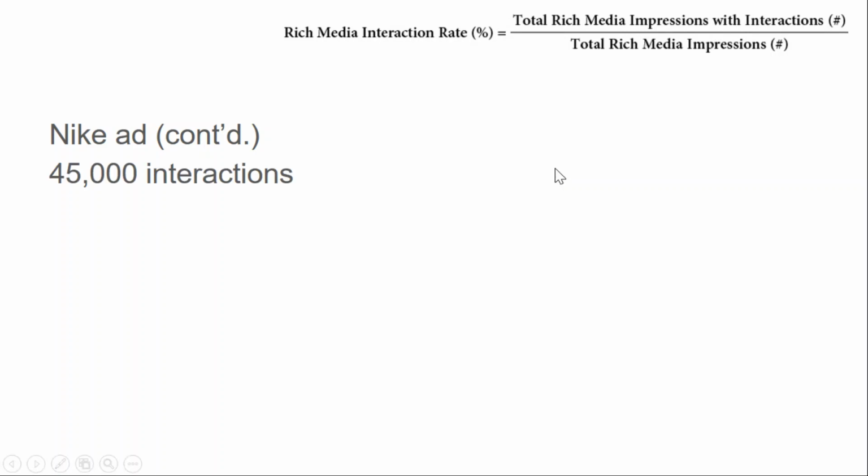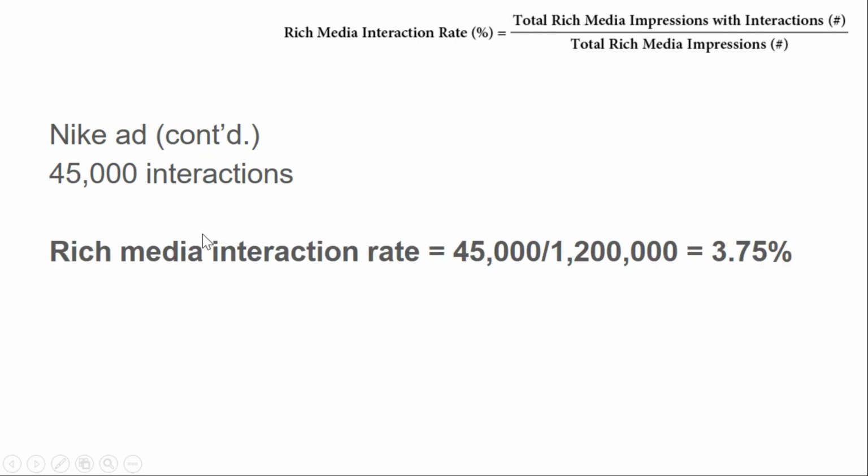They received 45,000 interactions for this ad. I remember there were 1.2 million impressions, so we get a rich media interaction rate of 45,000 divided by 1.2 million, or 3.75%. Okay, pretty simple. Hopefully it's clear.